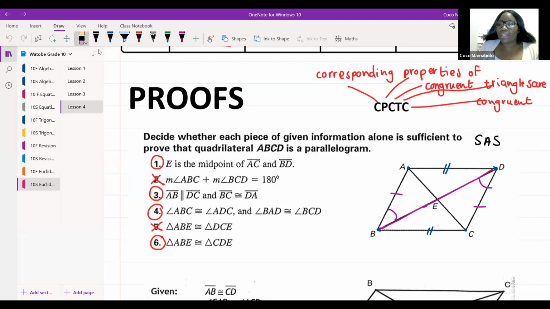Then if I can prove that this angle over here is equal to that angle over there, because of CPCTC, we know that angle A is going to be equal to angle C. Because of all of that, I can already say this is a parallelogram. That's what that proves to me.